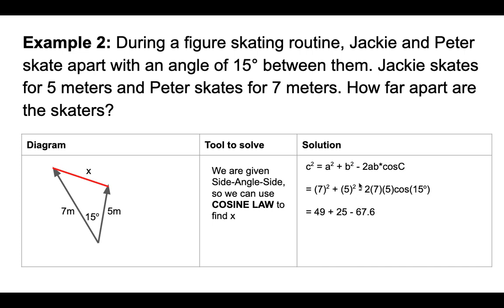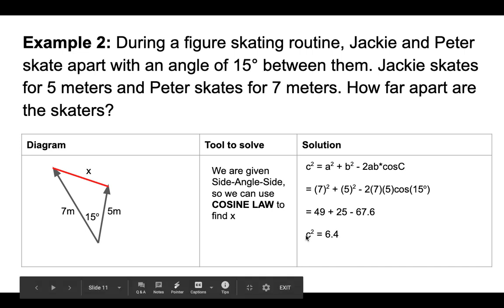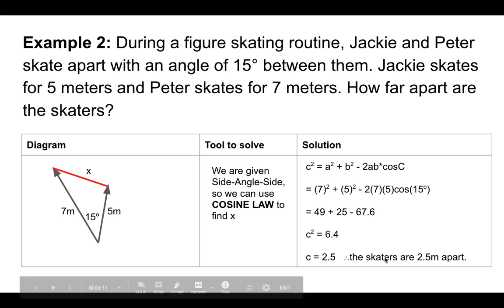Remember, there is a negative sign here, so be careful with that. And then my next step is to combine all of these to get one number. So c squared is equal to 6.4. And now to get c by itself, I need to take the square root of both sides to get my final answer. So c is 2.5. So therefore, the skaters are 2.5 meters apart.